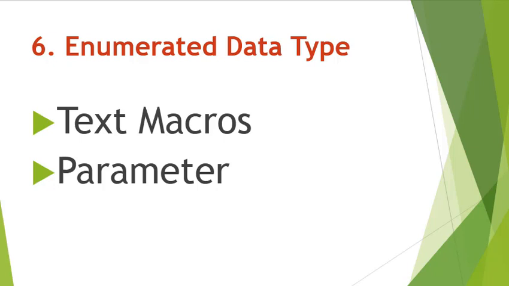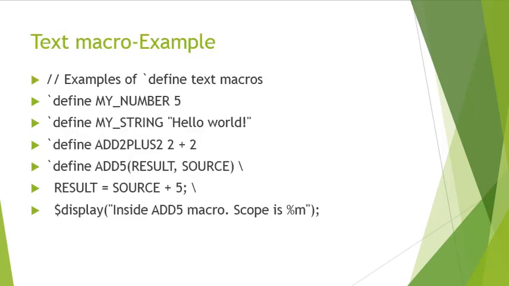First one is text macros. Text macros are generally used to define constant values that are used repeatedly in a program. This is the example code for a text macro. Here we have declared the text macro using apostrophe define, which is the keyword of text macro declaration.